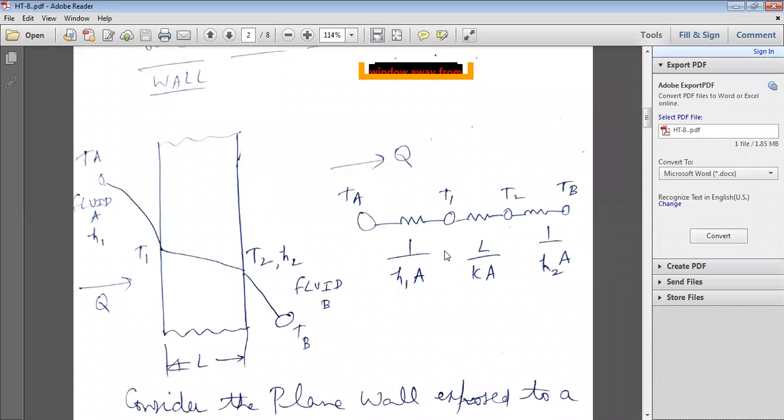So the first thermal resistance, offered by fluid A, is 1 by H1A, the convective heat transfer environment.